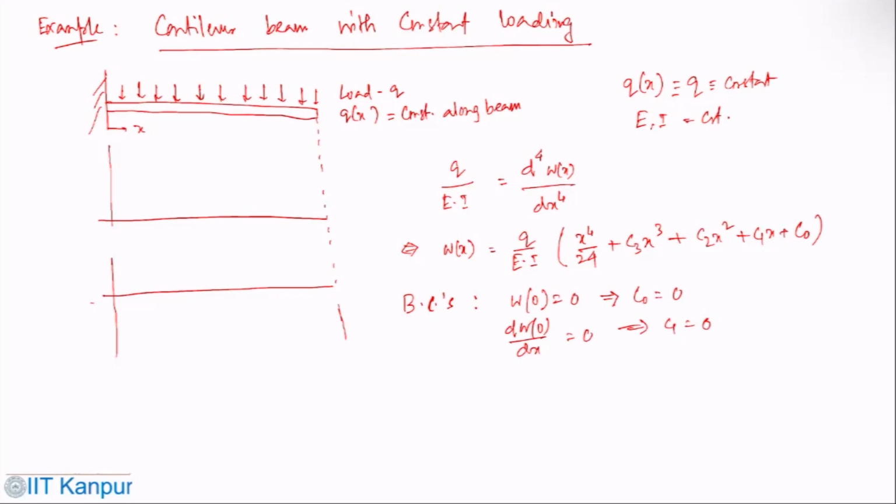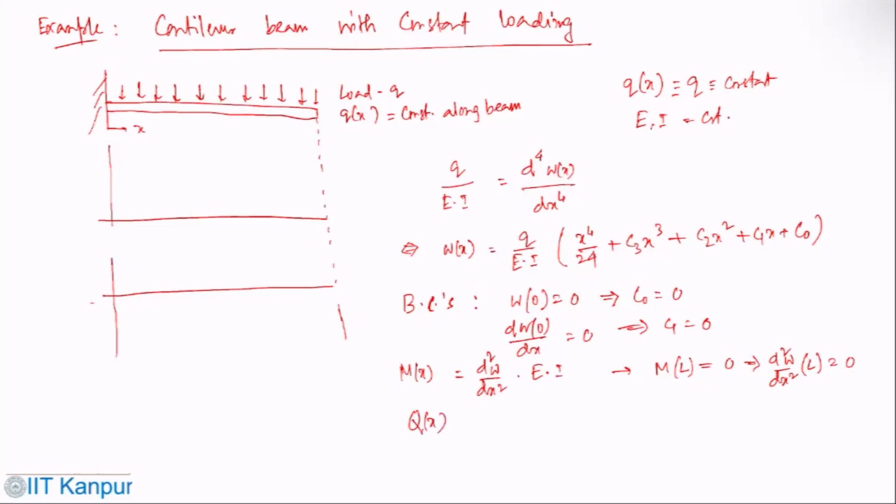So we have M of x equals E dot I d2w by dx2, where M at L is 0, so d2w by dx2 at L is 0.